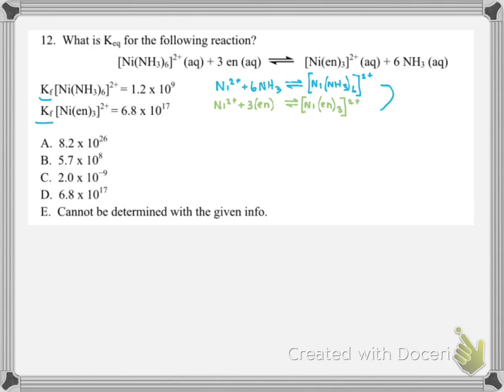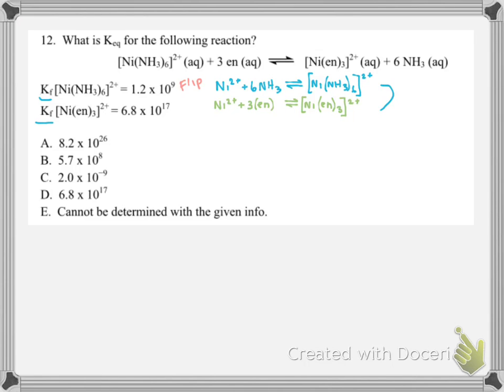Okay. So hopefully it's kind of obvious to you guys that to make this top expression, we would have to flip our first one. Okay, so then if we flipped it, we would have the overall reaction from above.